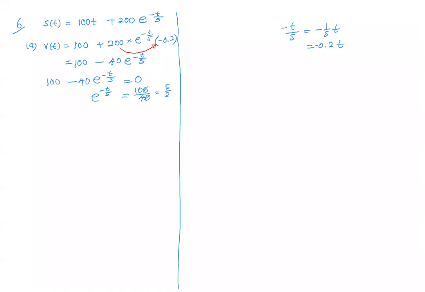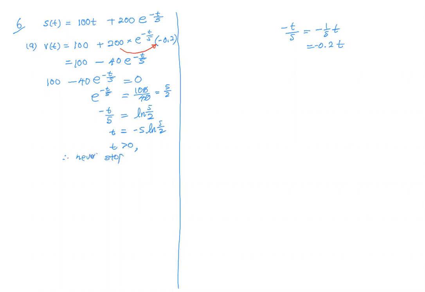So my negative t over 5 equals ln 5 over 2. So now, can t be negative? No. So t must be greater than 0. So therefore, never stop.